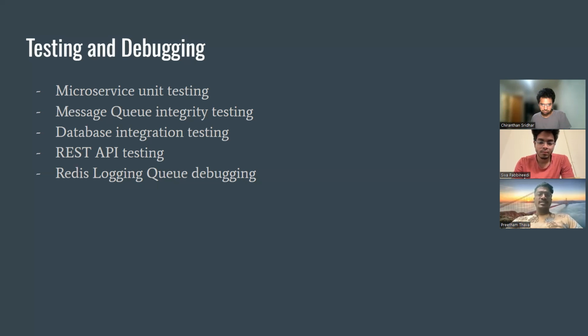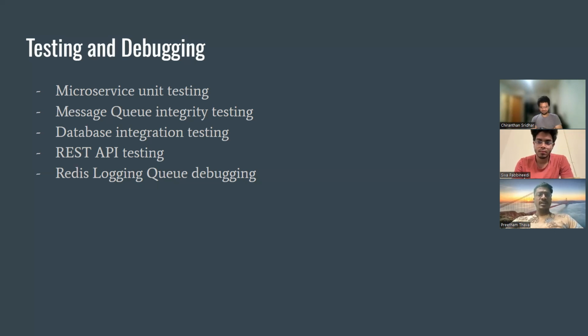And coming to the database integration testing, this mainly dealt with the structure and the way we could deploy the MySQL database as well as the Mongo database. We had to use a NoSQL format for MongoDB, while MySQL is a strict, rigid structured relational database.